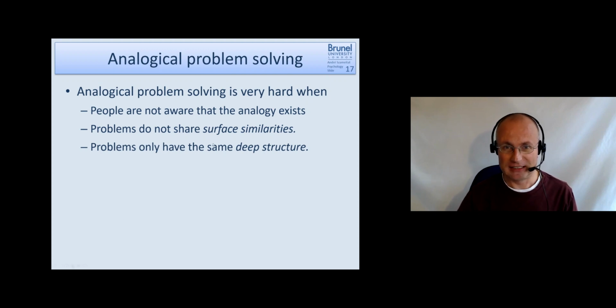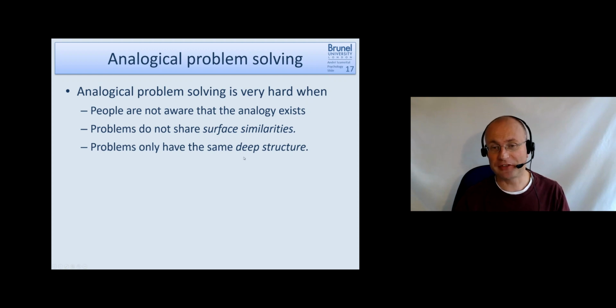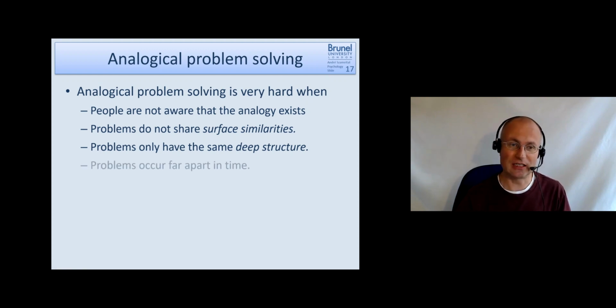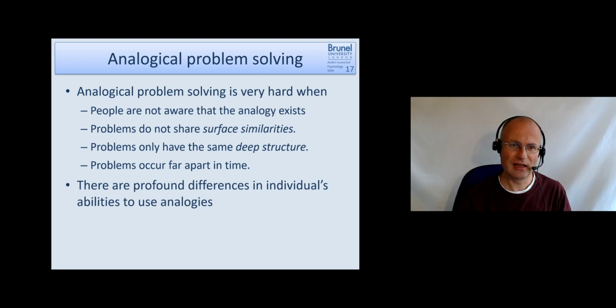And if these surface similarities are lacking and the problems only have the same deep structure, like in the example we had, it is difficult. And also time isn't helping. So if the solving of one problem is already a while back, then we find it more difficult and challenging to solve the current problem. And research has shown that people differ quite a bit in terms of inter-individual differences, how well they are using these types of analogies.